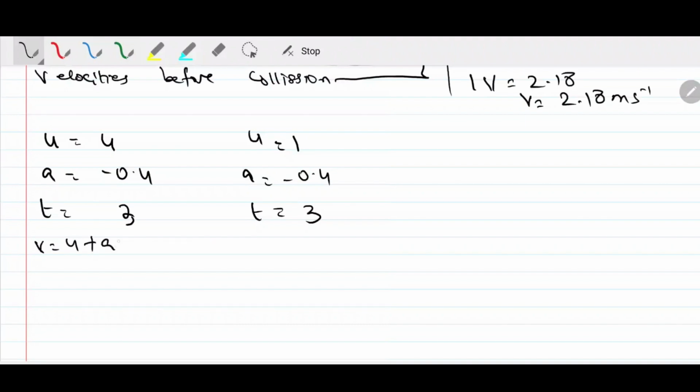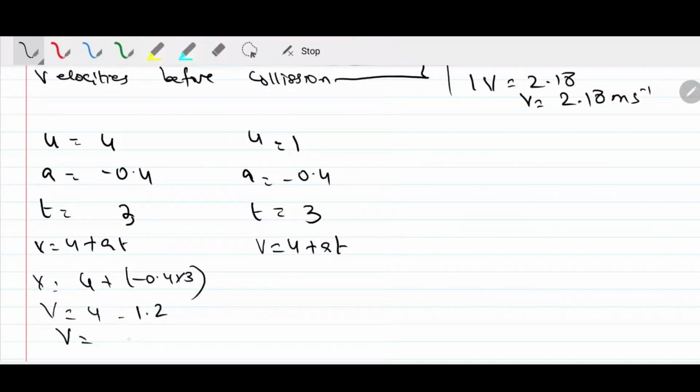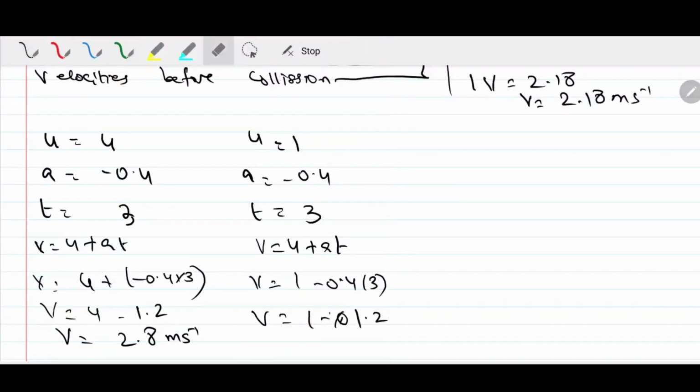V is u plus at. V is 4 minus 0.4 into 3, 4 minus 1.2. V is 2.8 meters per second. And V is 1 minus 0.4 into 3, V is 1 minus 1.2, V is 0.2 meters per second negative.